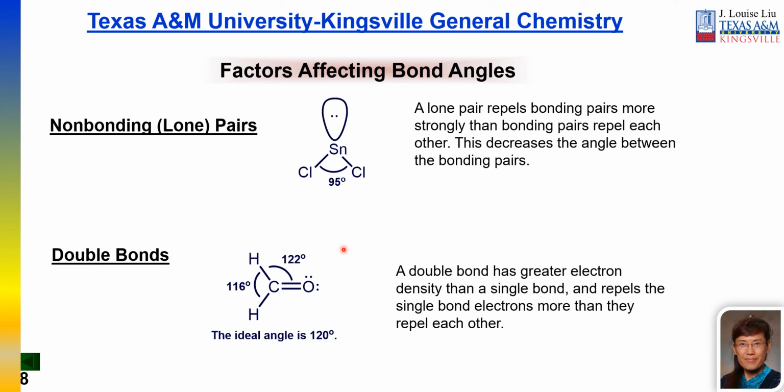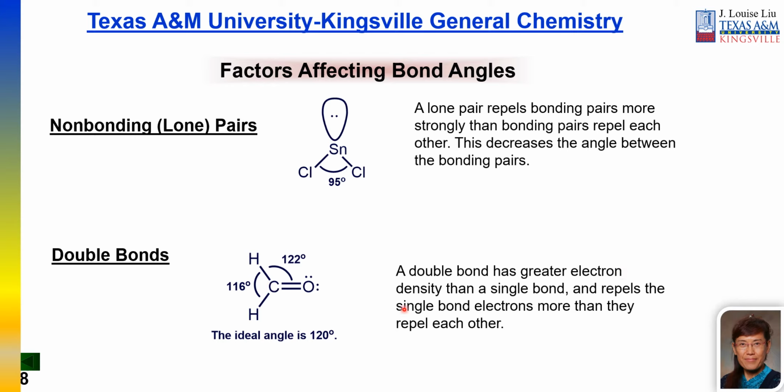The second factor, double bonds. Imagine you have formaldehyde, H2CO. The ideal bond angle will be 120. However, you form a double bond. The double bond has greater electron density. You have 4 electrons. Single bond, 2 electrons.